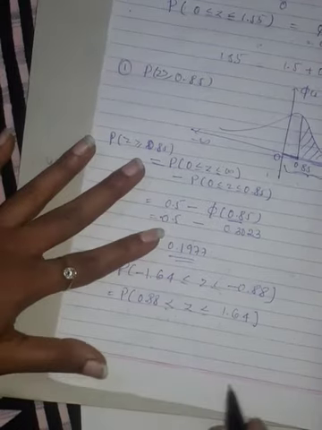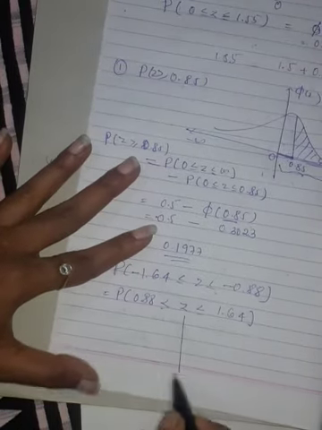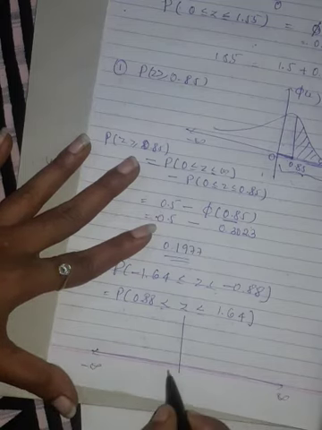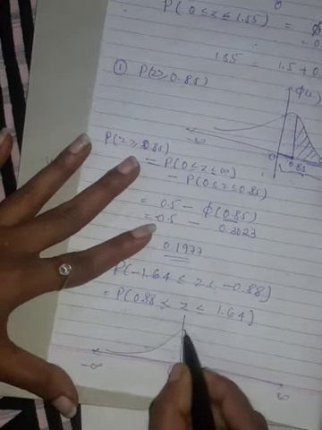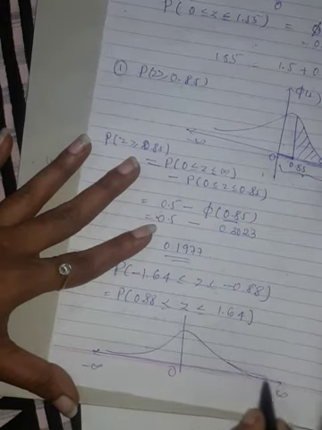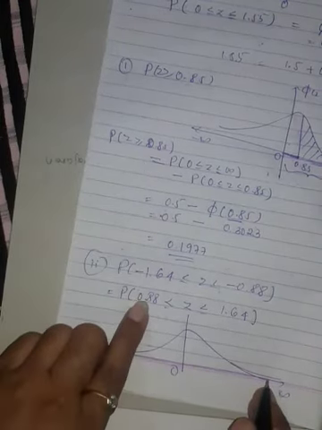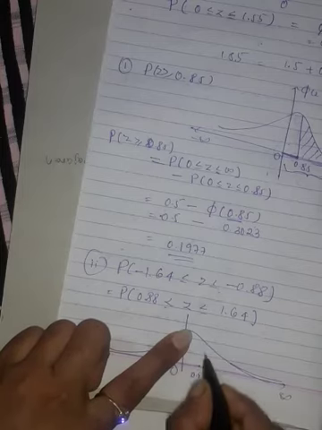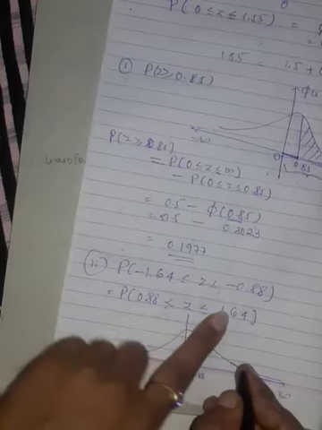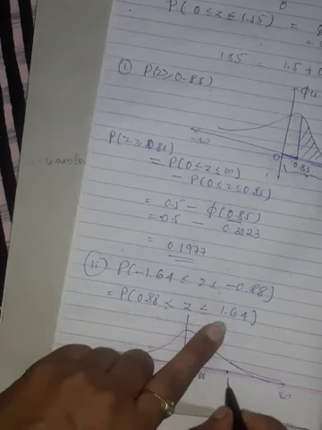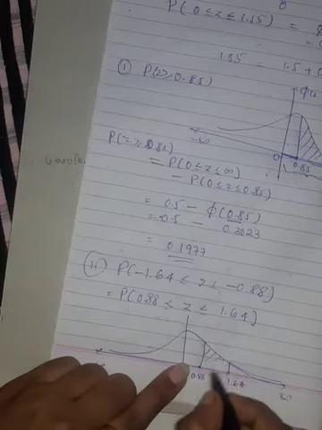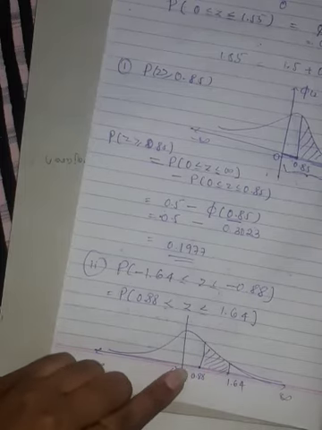So our graph is like this now. Minus infinity to plus infinity, 0. This is our curve. So first it is 0.88. Suppose our 0.88 is somewhere here, and 1.64. Now we have to find this area. How we have to find this area?